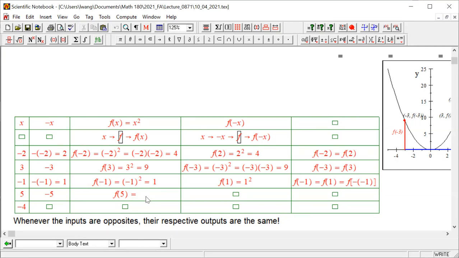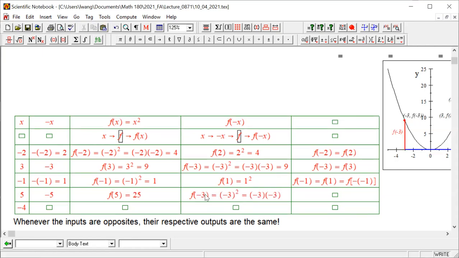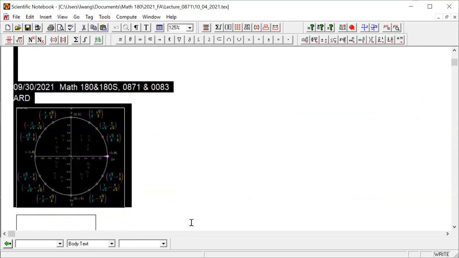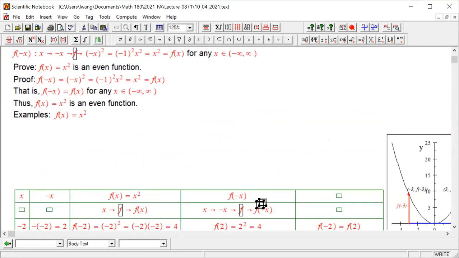Okay, so f of 5, of course we know 25. So I'm going to just speed up a little bit. Okay, so f of -5 here, I'm going to expedite this. So that's just -5 squared. So that equals 25. I put the comments underneath it.